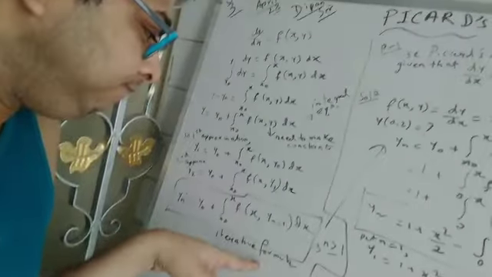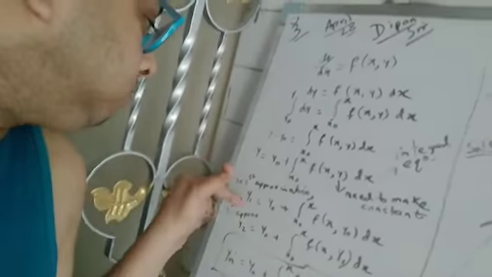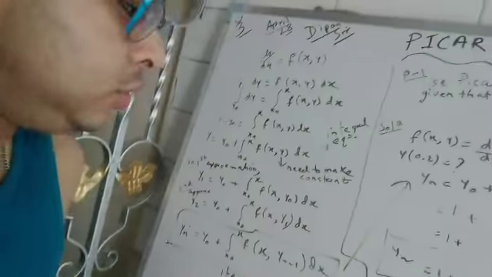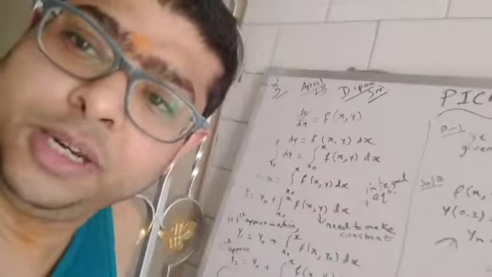This is basically Picard's formula, an iterative formula for solving ODEs. Remember n should be greater than or equal to 1, because if you put n equal to 1 you will get this, if you put n equal to 2 you will get this. So in this way the derivation can be done.